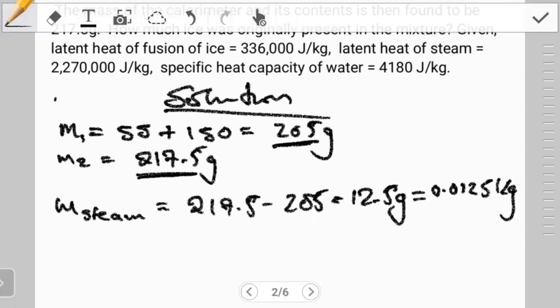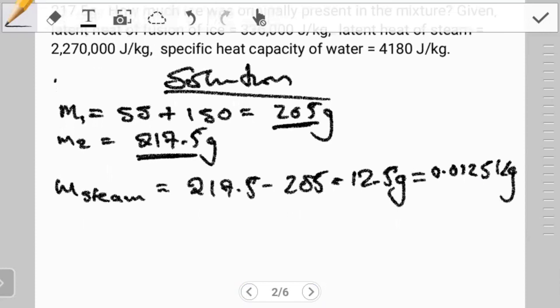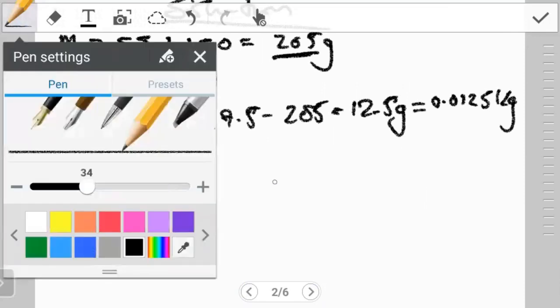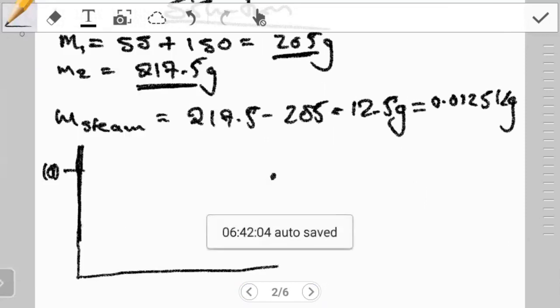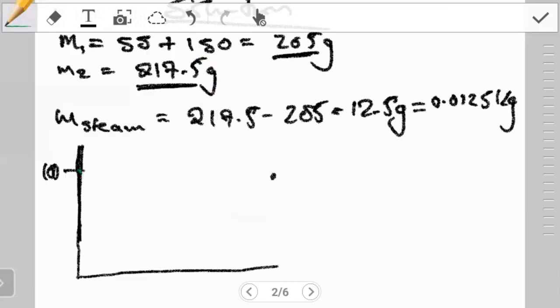Now that we found the amount of steam that condensed, what was happening when steam was passed is that the steam was changed. It's like you had steam which was at 100 degrees Celsius, and then what is happening to this steam? First, the steam changes state because it is at 100 degrees Celsius.